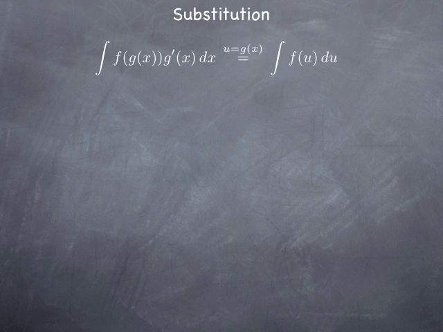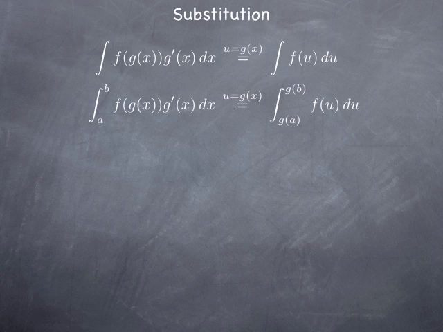That's for antiderivatives. Of course, for definite integrals, they correspond to antiderivatives via the fundamental theorem of calculus, and so you have a form of substitution for definite integrals. It's exactly the same thing, except that when you use substitution for a definite integral, you also have to change the upper and lower bound of integration.